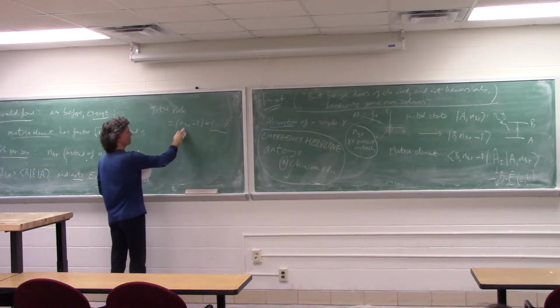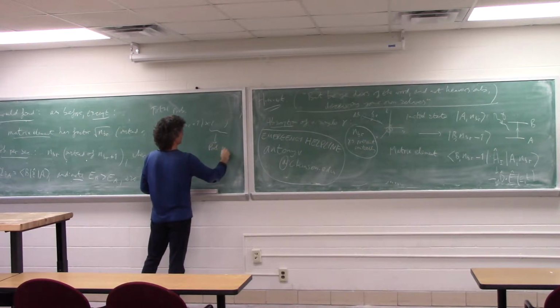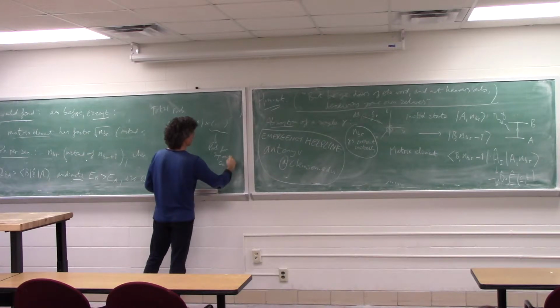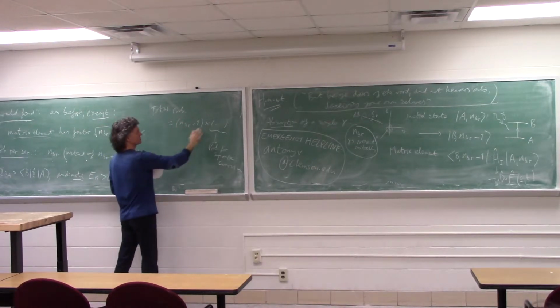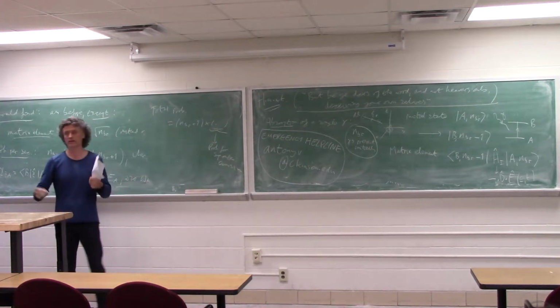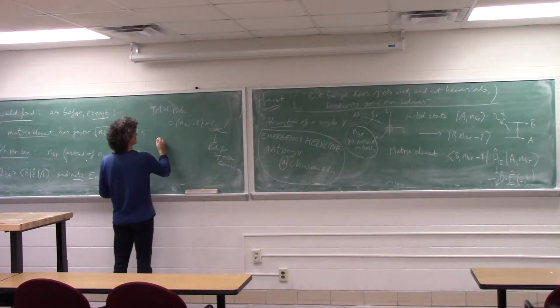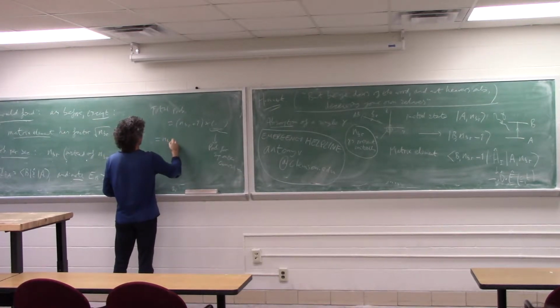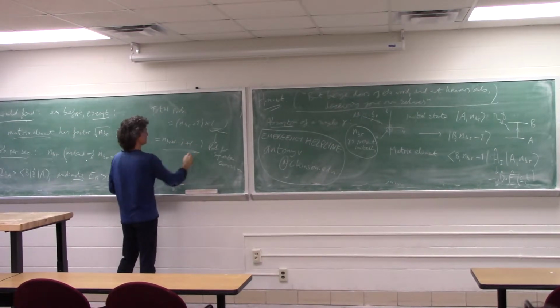If I put nkr as 0, then this is the probability for spontaneous emission. If nkr is 0, then the total probability is just the probability for spontaneous emission. So this factor here that we calculated is the probability for spontaneous emission. The total probability for emission is equal to nkr times that plus that factor.